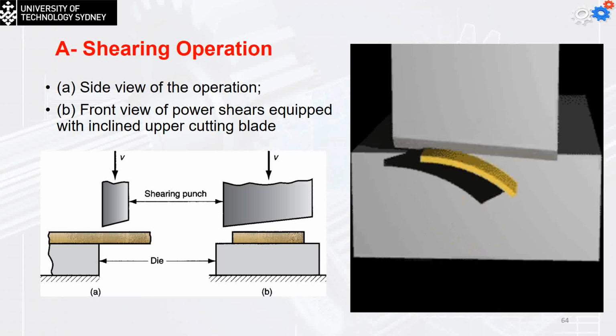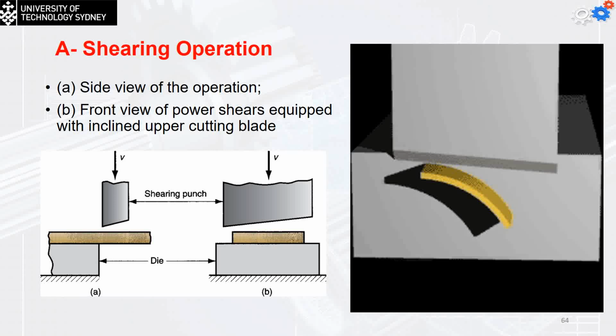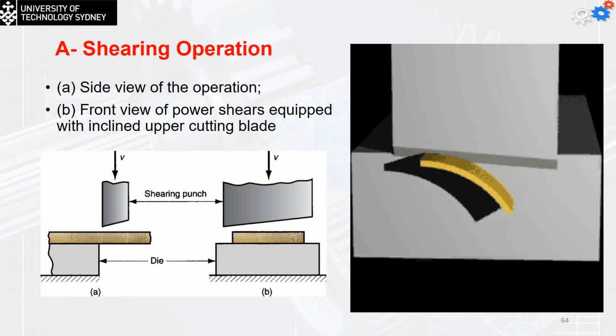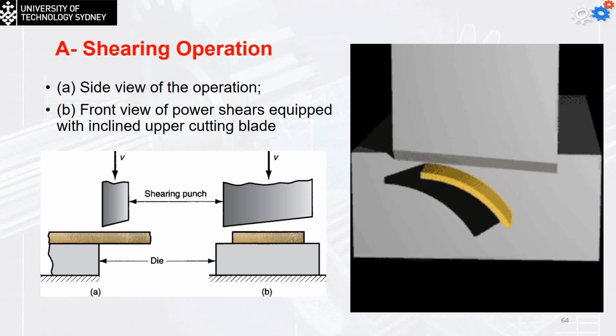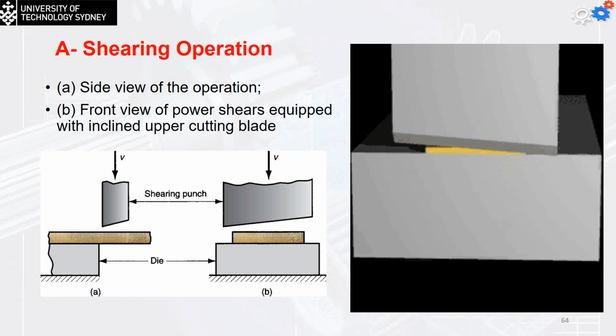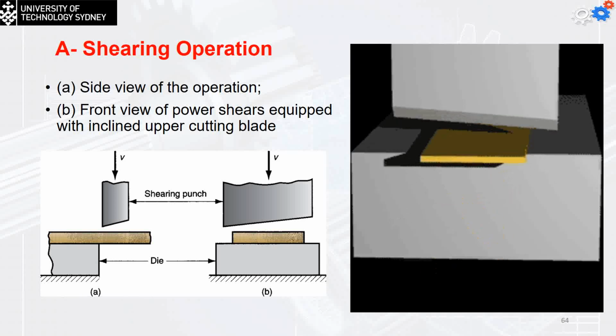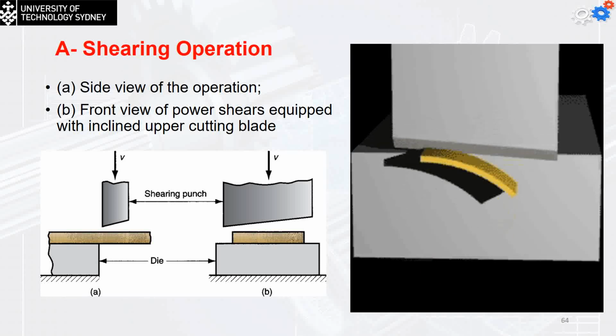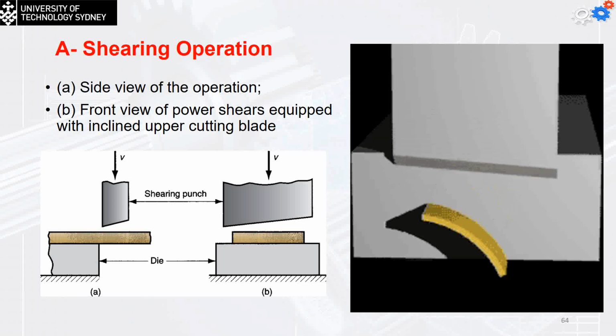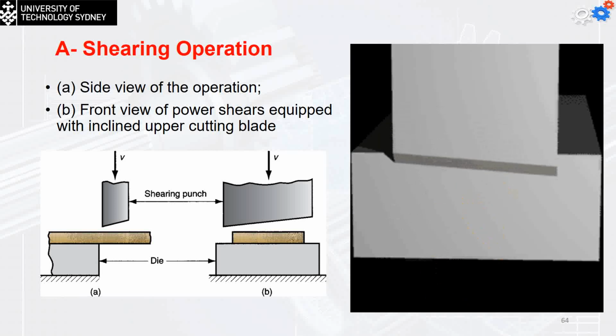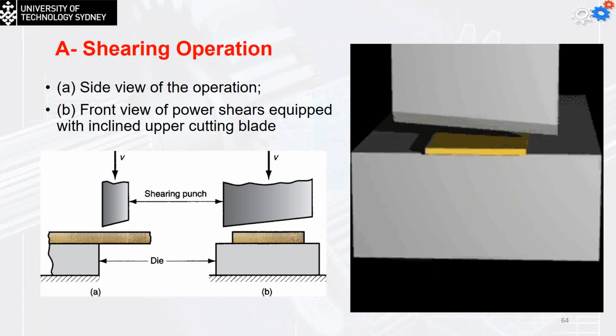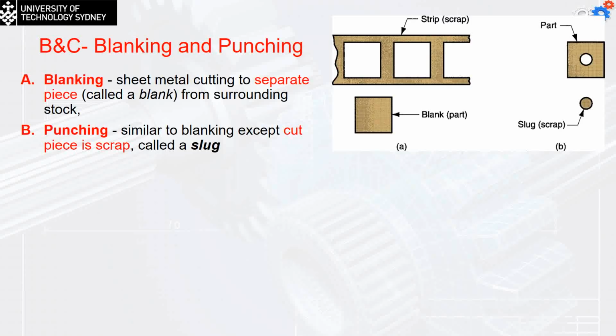Now we have two operations: blanking and punching. In blanking, the cut part is going to be used for another operation, so we made a blank for the operation. But in the case of the plate in front of you, it does have holes. So the small stock I took off from the material is going to be scrap.